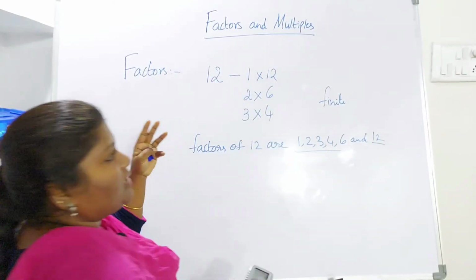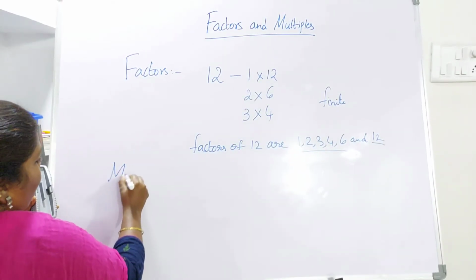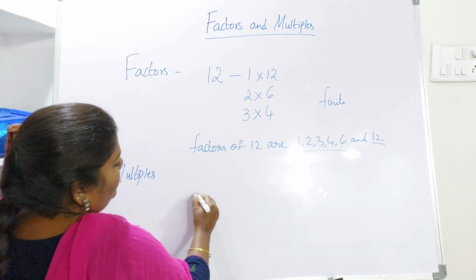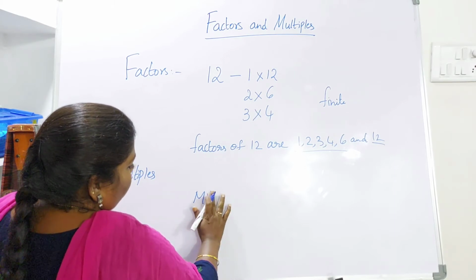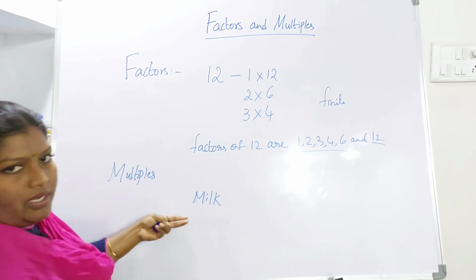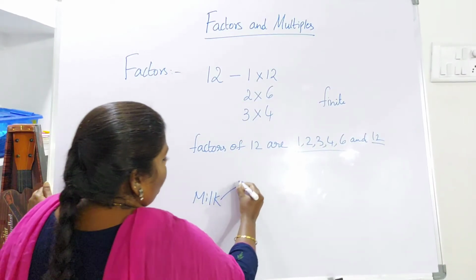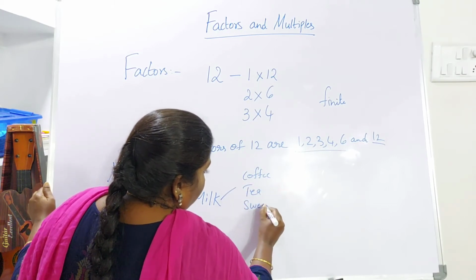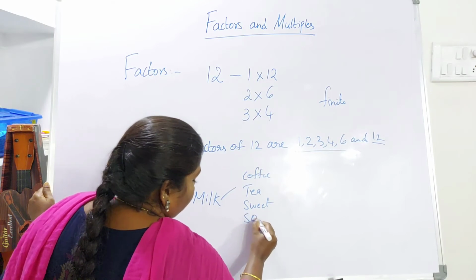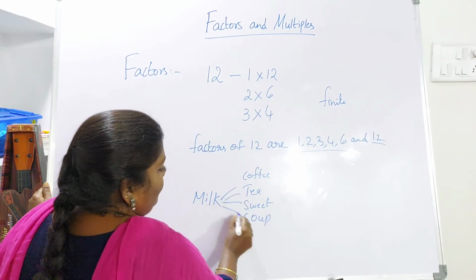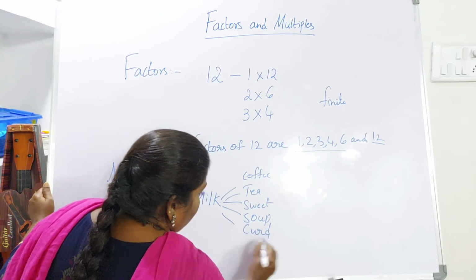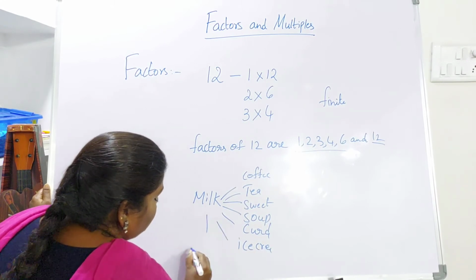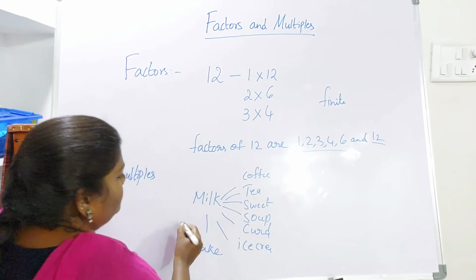So let me explain what a multiple is. A multiple is nothing but when you take a number, for example, if I take milk, a product, from milk I can make coffee, tea, sweets, soup, curd, ice cream, cake.